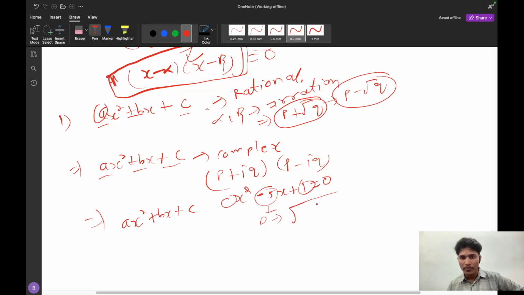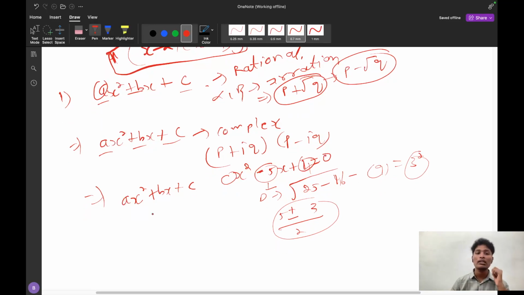It is b square, 5 square, 25, minus 4. Not that, we have to get 16. So I can make it 4, so 4 for 16. So D here we are getting as 9, which is a perfect square, that is 3 square. So what are the roots now? The roots are 5 plus or minus 3 divided by 2. Here we are getting real roots.